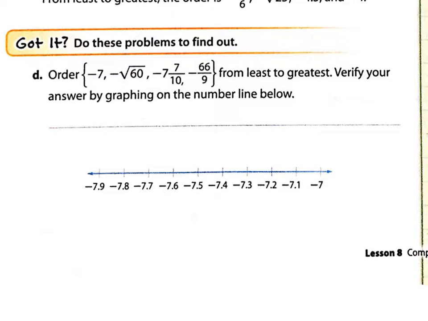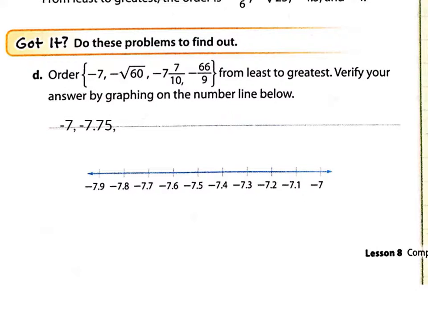Wait, how do you do that again? What is it, Hunter? Negative 7.7459. So I'm just gonna put 7.75.